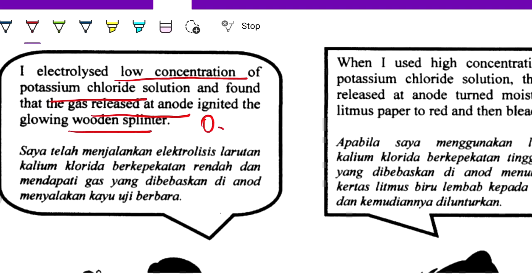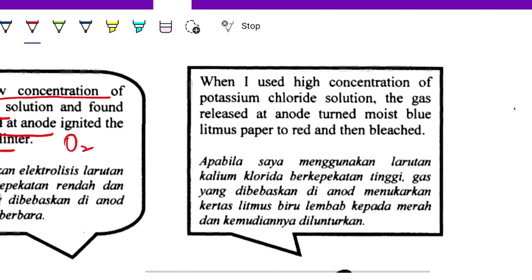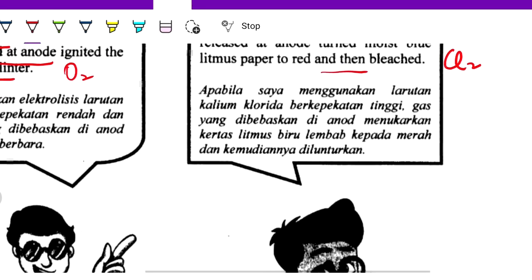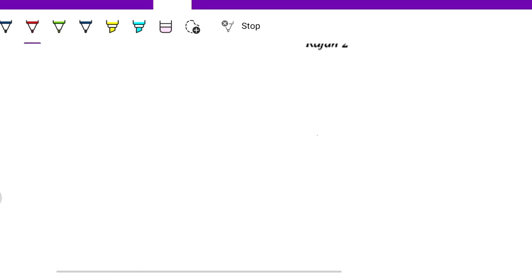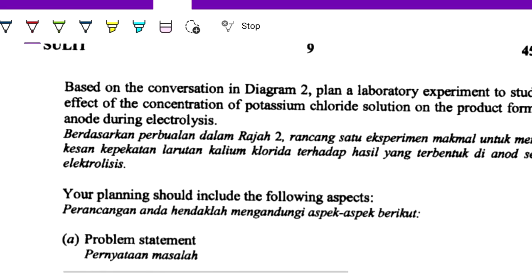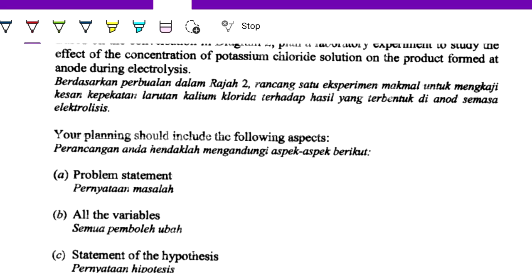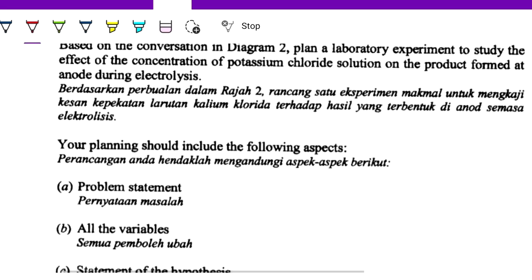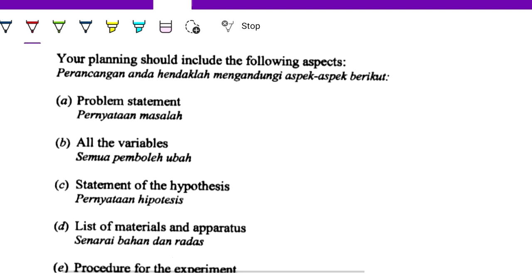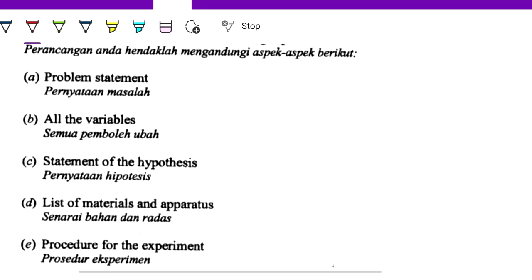So this is oxygen. Then the other one is chlorine gas. Maybe, who knows, this question is quite popular and will come out in the SPM this year. We don't know, don't spot the question.